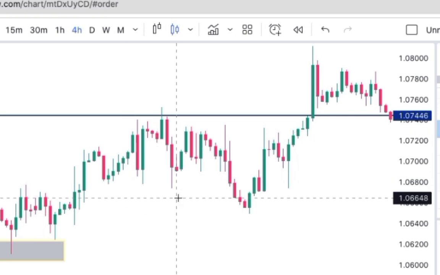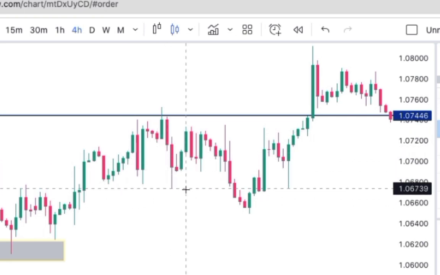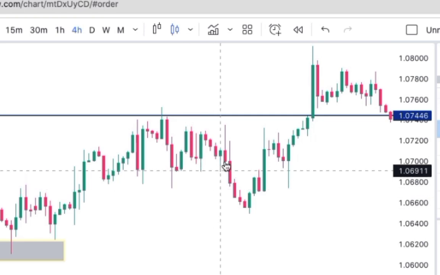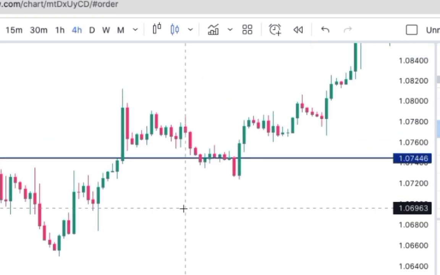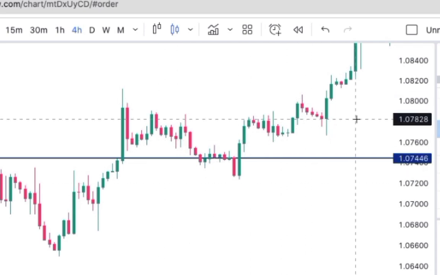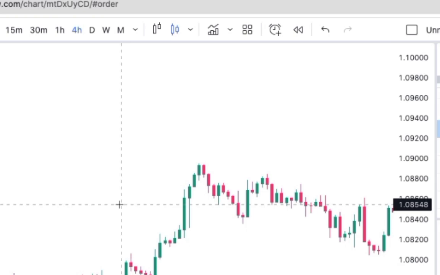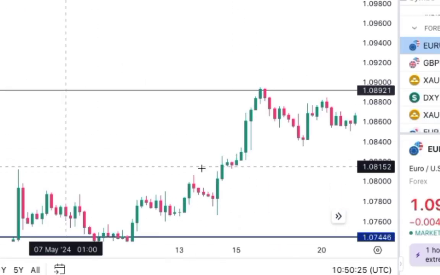So you see that it created another low, it broke it, and then it reversed. It took the inducement out, and then it pulled back a little, and then it started buying. That is it, and this is your second take profit. The next high is the second take profit.